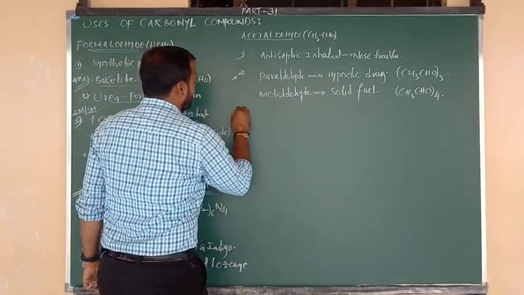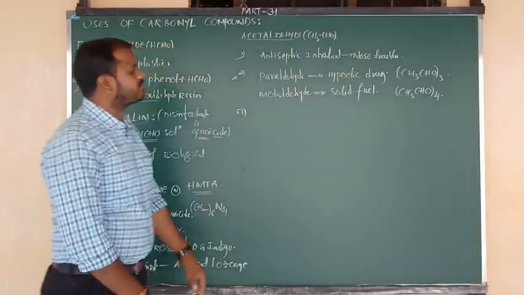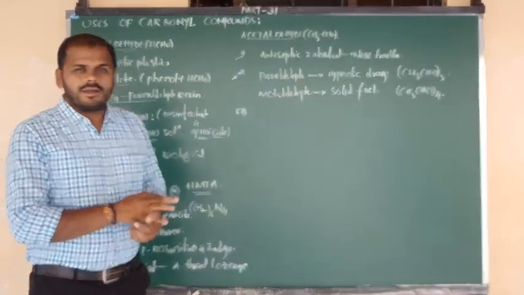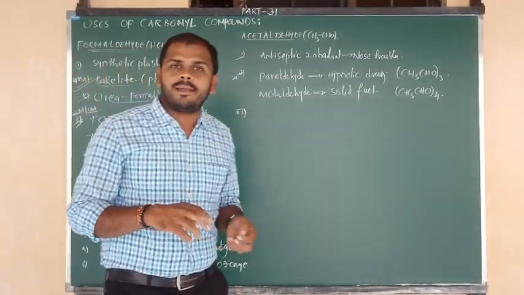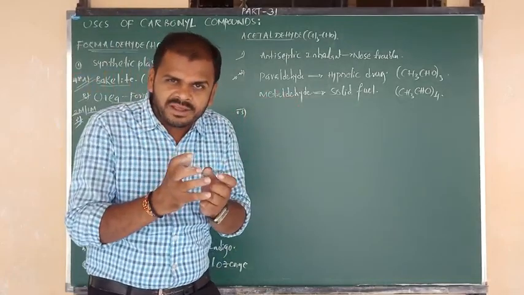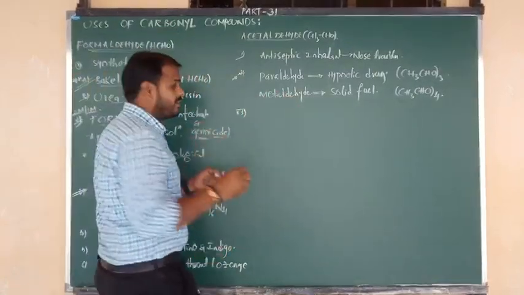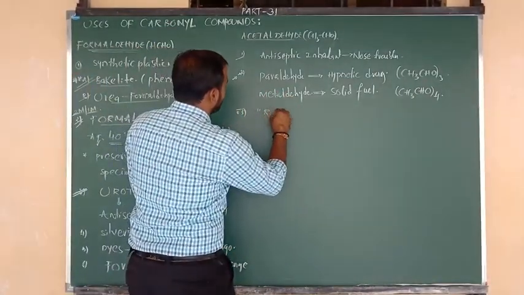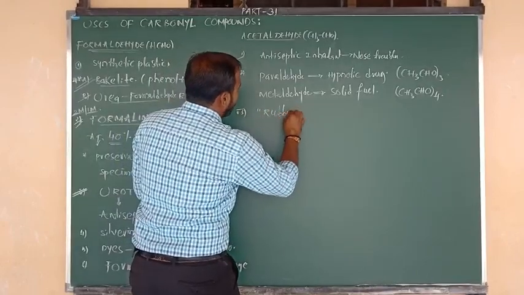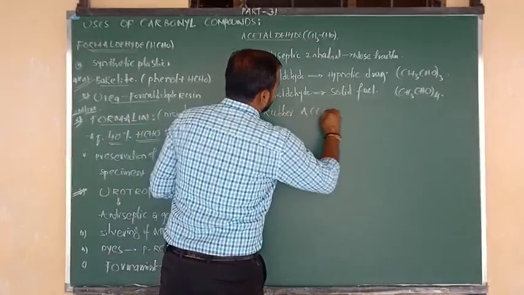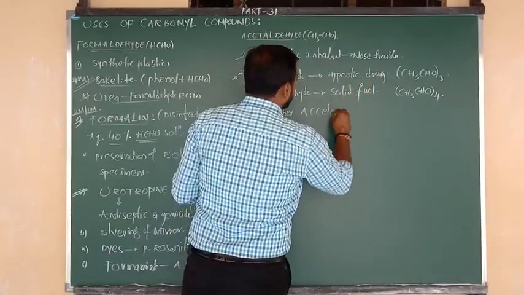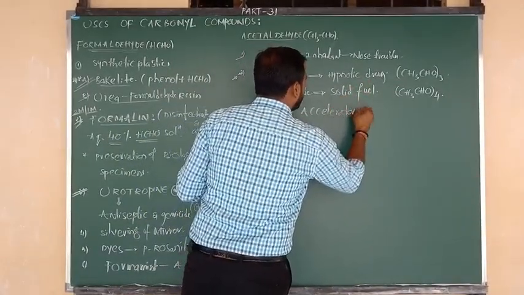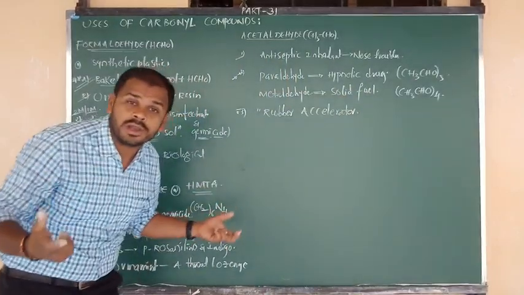Okay, and the third point I am going to tell is this. Yeah, beta, what is the compound? Acetaldehyde. By using this acetaldehyde, we can prepare a special compound. This special compound is the rubber accelerator. This question is repeated in objective exams also, Nana. So the rubber accelerator is prepared by using which carbonyl compound?